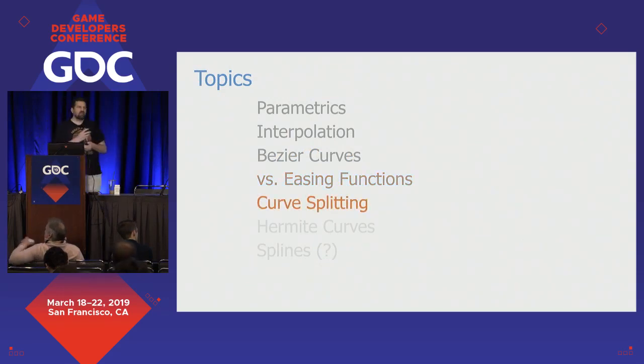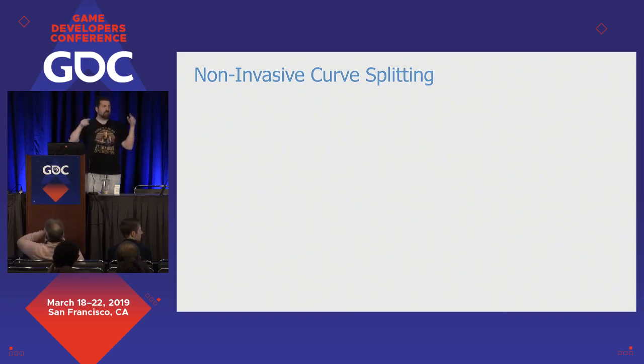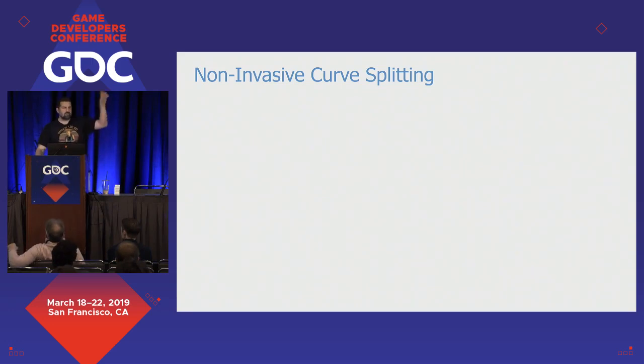All right, so let's look at curve splitting. And this is really important that it's non-invasive curve splitting. I've worked on several games where we're either authoring in 3D camera paths that are flying around, or the paths of objects that the camera is focusing on, or in 2D, just roads that people are going to come in and attack on, or that can travel throughout, or just that balls are rolling down these tracks.